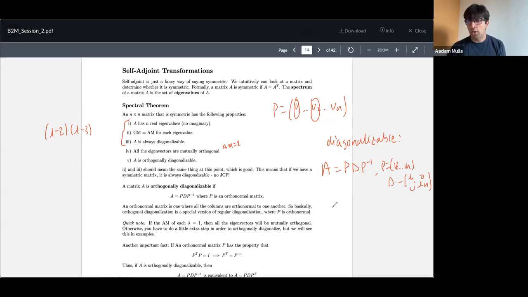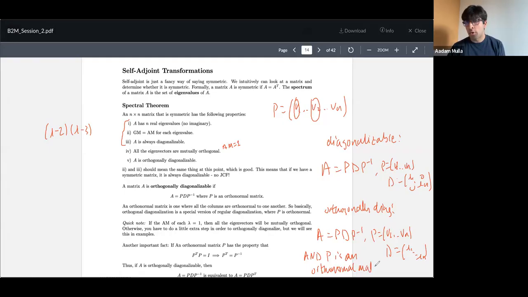Okay. What does orthogonally diagonalizable mean? Same exact thing with one extra condition. It means A equals P D P inverse, where P equals V1 through Vn, and D equals lambda 1 through lambda n, and P is an orthonormal matrix. What does orthonormal matrix mean?